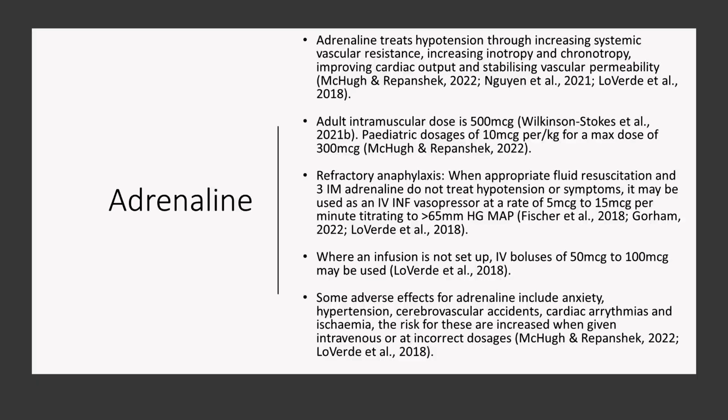It may be used as an IV infusion vasopressor at a rate of 5 micrograms to 50 micrograms per minute, titrating to a MAP of 65. This is critical as this is our main treatment for treating that distributive shock.